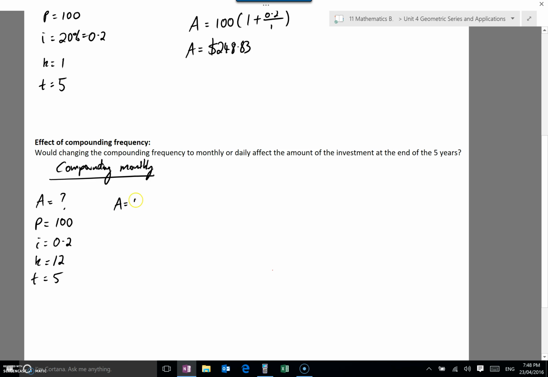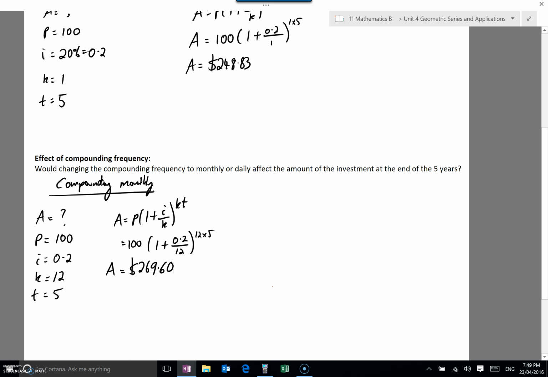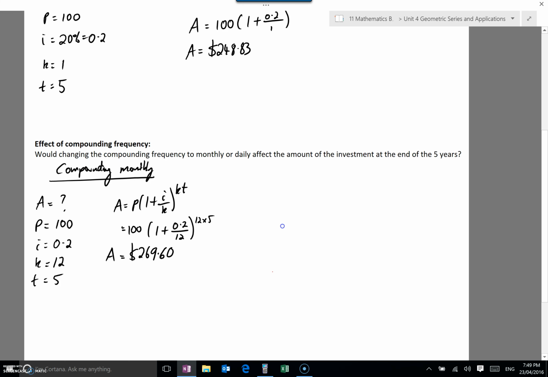And I can write my formula and substitute in all of these values, and see whether or not I actually earn more money if I'm calculating the interest more frequently. Doing my normal rounding, I end up with $269.60. So about an extra $21.23 just by doing the calculations more frequently.